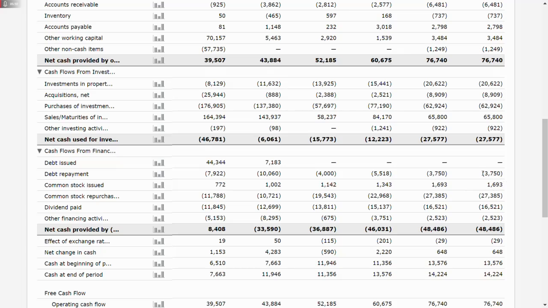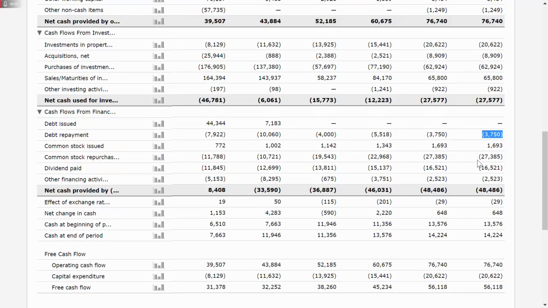On some of the borrowings, like here, they paid out $3,750,000,000 to pay down debt. When they repurchase their own shares, which makes each share a little bit more valuable, here they repurchased some of their own shares, so they spent $27,385,000,000. They paid out a dividend, another $16.5 billion here, and some other financing activities there.